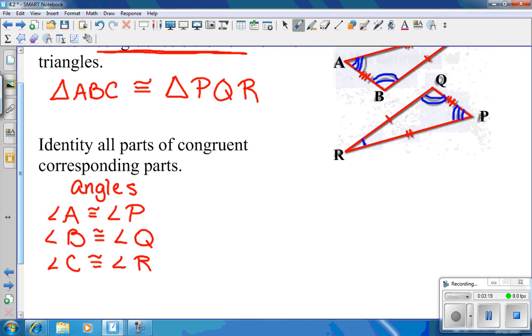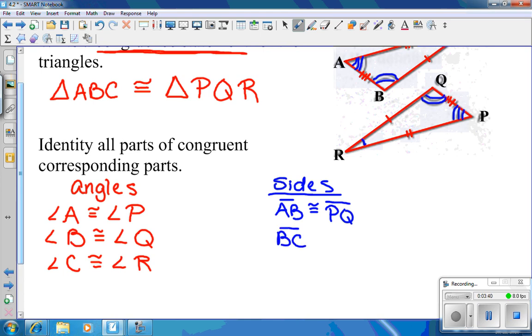What if I move over and I do sides? Okay, so the side AB is congruent with what side? PQ. Everybody see it? Because of the congruent statement, I can automatically know that PQ and AB have the same length.